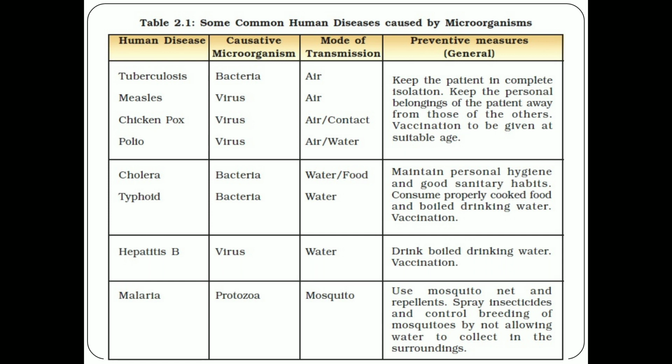Hepatitis B: causative microorganism is virus. It is spread through water. Drink boiled drinking water. You can similarly do for malaria. Malaria, causative agent is protozoa. The mode of transmission is the mosquito which acts as the carrier. And you can read the preventive measures.